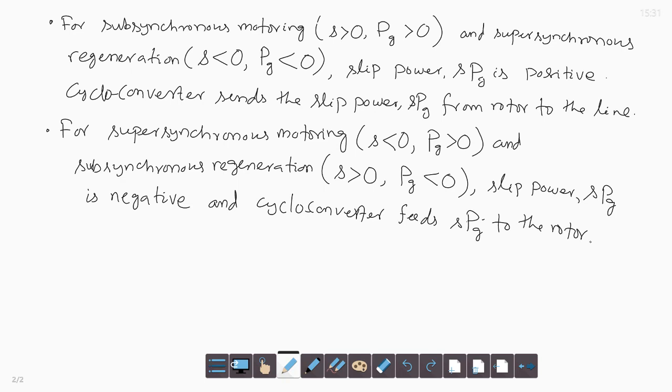That means the direction of slip power is negative, indicating that it is flowing from line to the rotor. SPG flows from the line to the rotor.